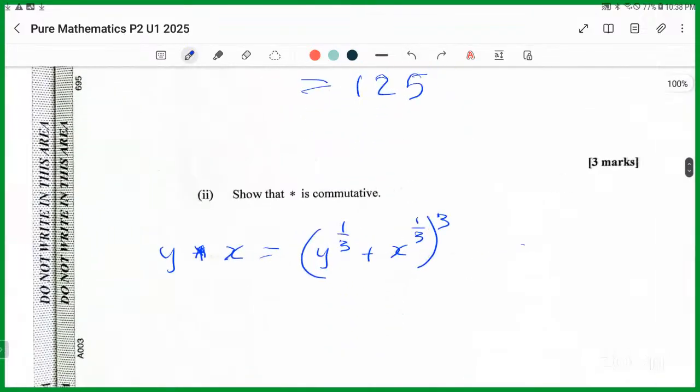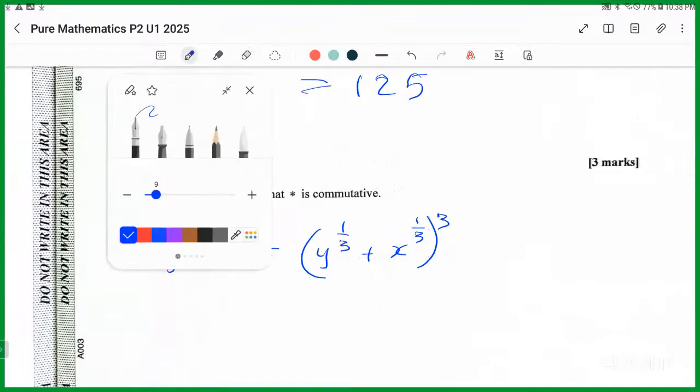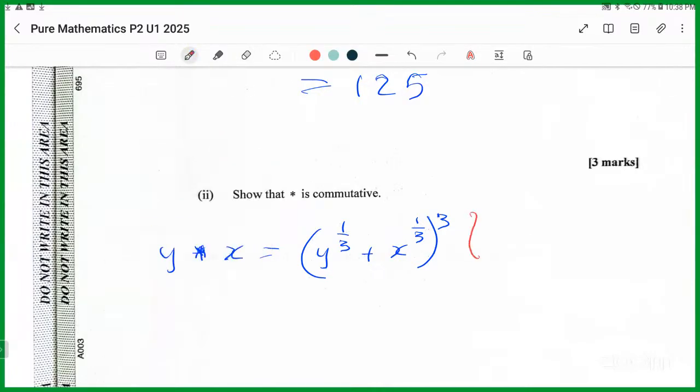So let's write that over here. Let's say this addition is commutative on the set R, the set of real numbers, because that is commutative on the set of real numbers. These are all real numbers. We can switch these two around.